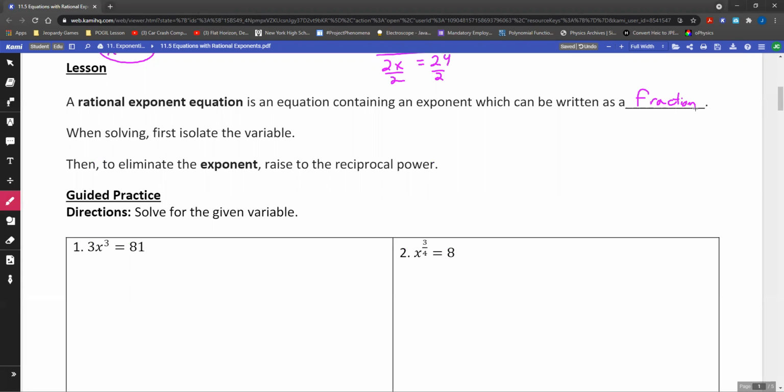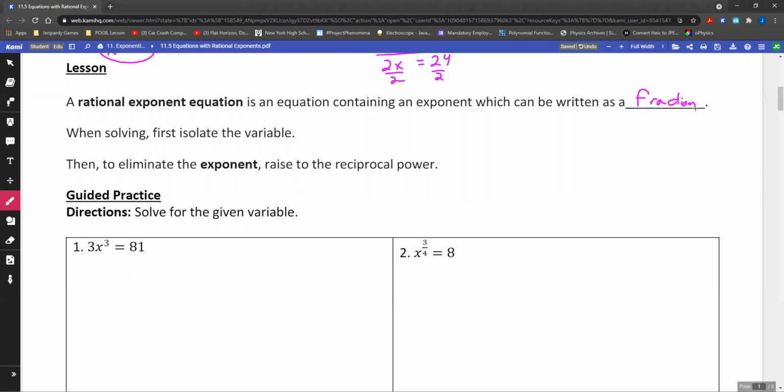And just like before, we're going to want to solve by isolating the variable. And then to eliminate the exponent, raise it to the reciprocal power. So what does this all mean? We'll check this out now.